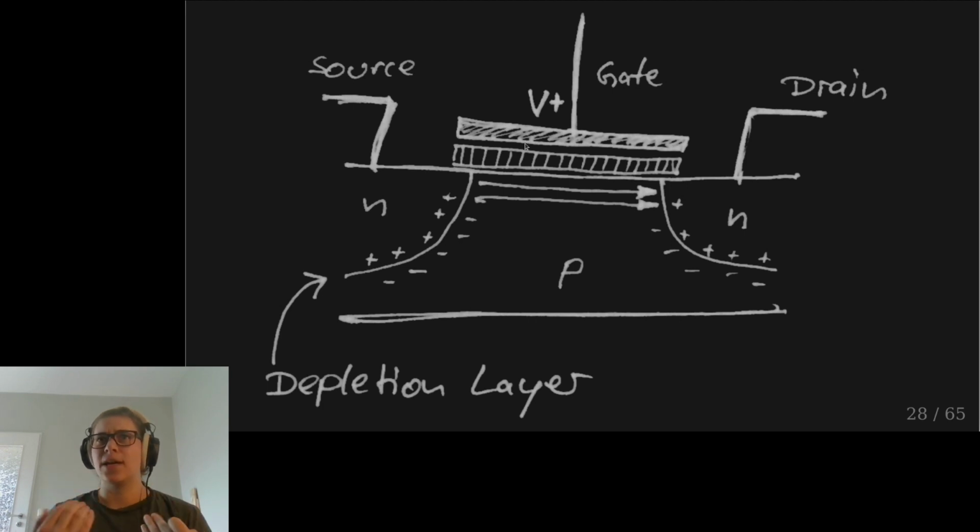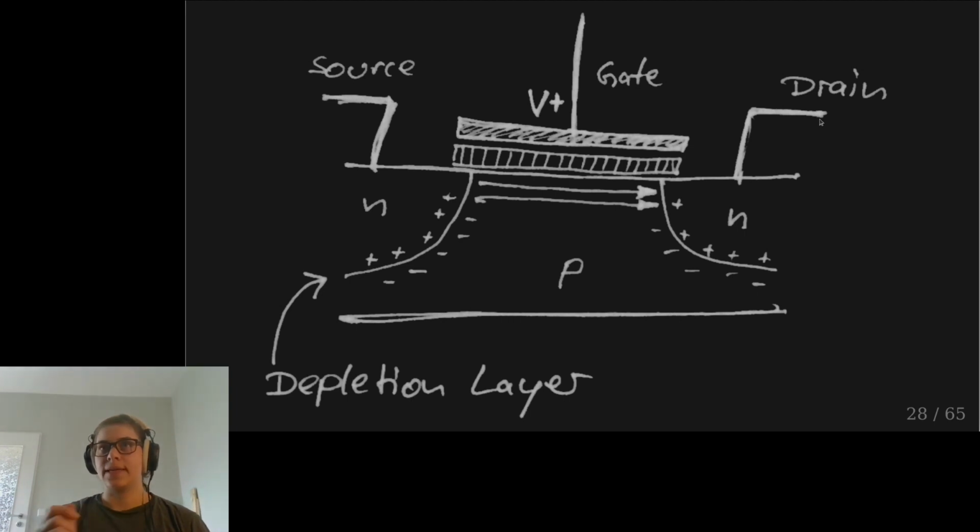It's not super powerful, but it's powerful enough to create a field effect that breaks down the barriers from the N to the P-type region, and electrons can move from the source through this broken-down barrier into the drain. And immediately when you remove the voltage from the gate, the natural depletion layer builds its barriers up again and switches off.